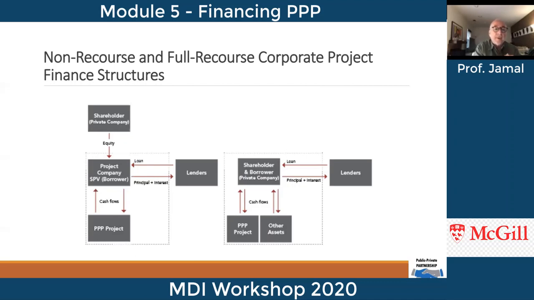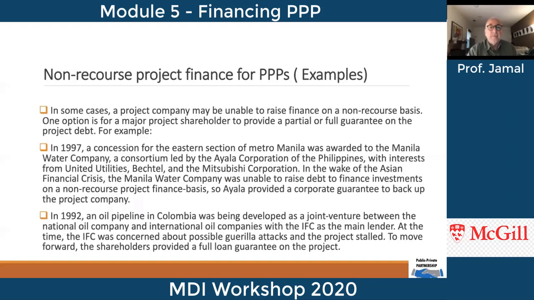The project company, the SPV, who received the loan from the lenders, is also expected to pay principal and interest back to the lender. And within this, the shareholder, the mother company, has an equity participation in the SPV, because that's where the holding company can do it. In other words, what you see in front of you is the two models for a less developed financial market and for a more sophisticated, developed market.